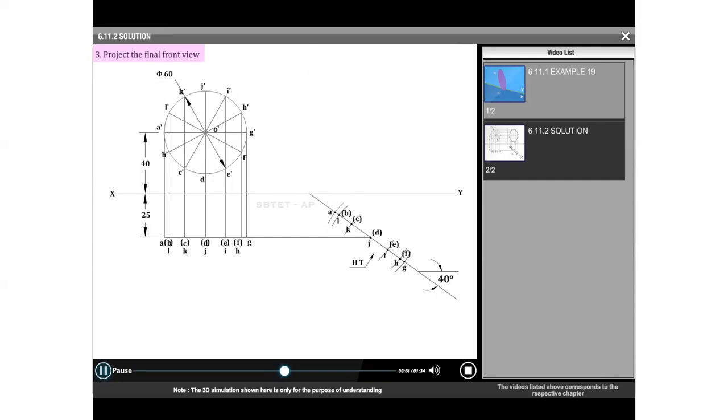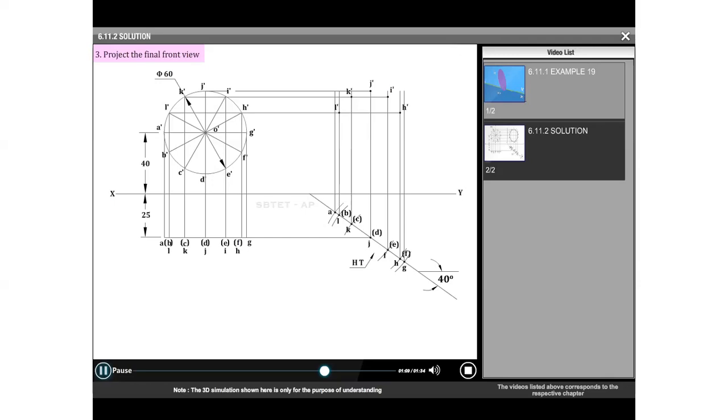Project the final front view. Locate the traces, darken the final front view and top views.